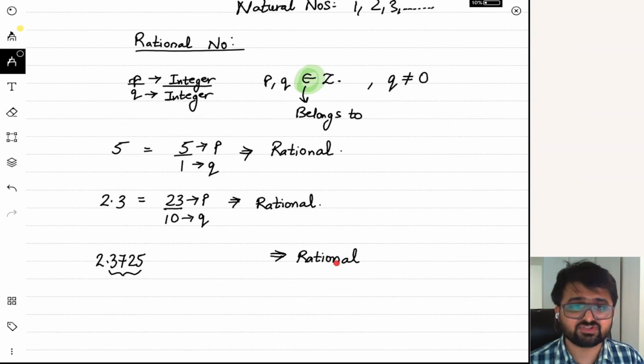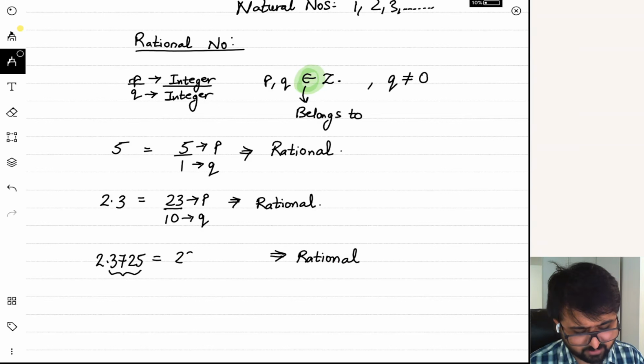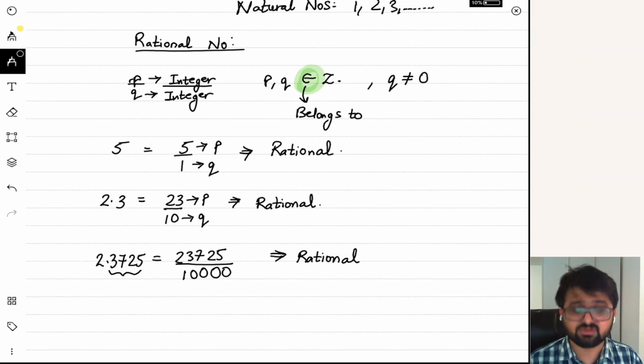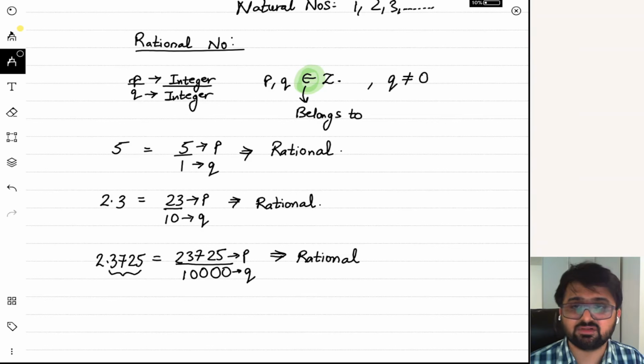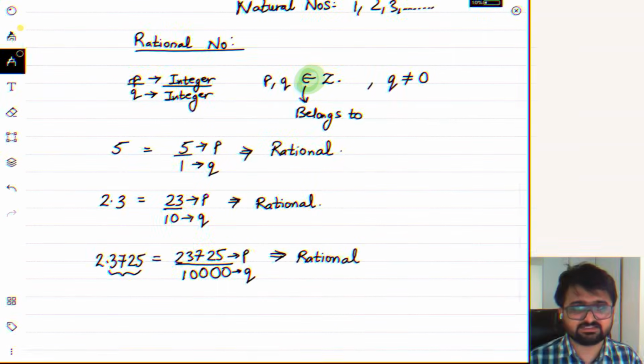And since it is rational, there has to be a way I can write it in the form of p over q. In this case, it will be 23725 over 10,000. So this is my integer over integer. Any number which is not irrational is automatically a rational number, and every rational number can be written in the form of p over q. I hope that makes sense.